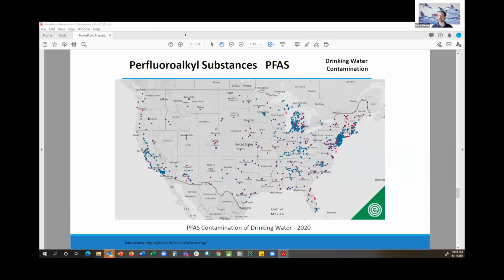The point of this slide is that PFAS supposedly contaminates up to at least a third of all drinking water resources that we know of. It's probably greater. Next slide, please.